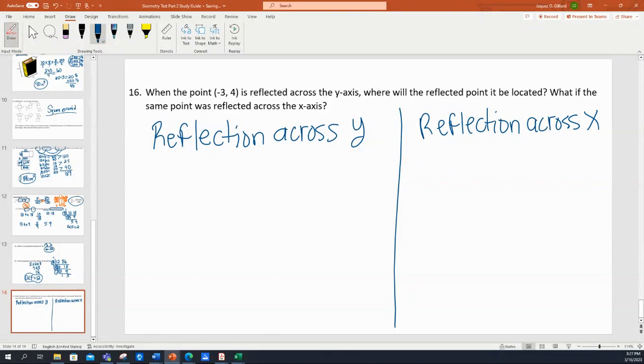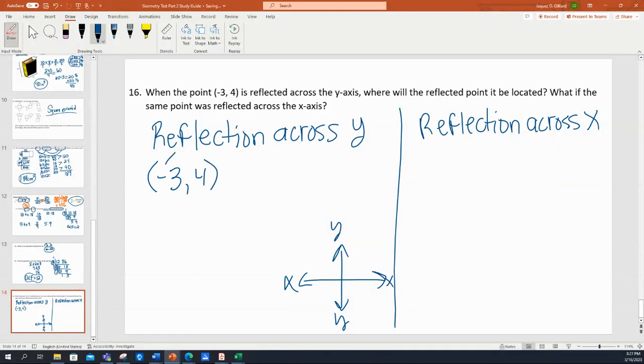All right, now, whenever you are reflecting across any of the axes, first of all, we know that y runs up and down, or vertically, and we know that x runs left to right, or horizontally. Now, whenever you have a reflection across the y-axis, you're going to take your point and look at it.